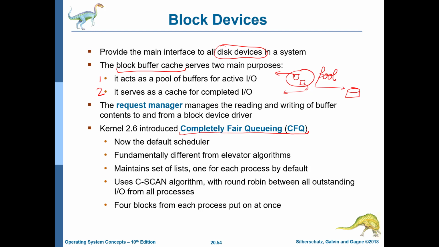So Linux, ever since kernel 2.6, has had the completely fair queuing algorithm, which is now the default scheduler for Linux. So what we have seen in the hard disk chapter is that we have looked at the elevator algorithm, where we keep processing requests from the center till the last track of the chip, and again from the track towards the center.